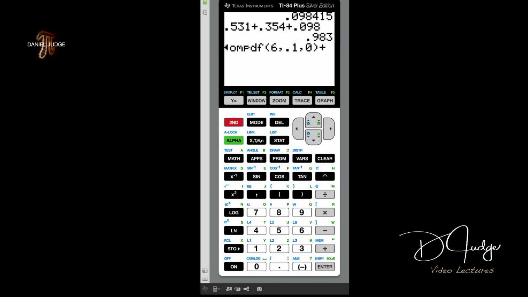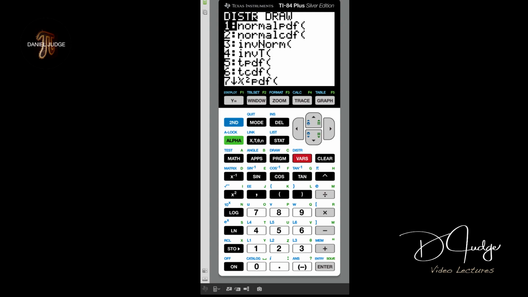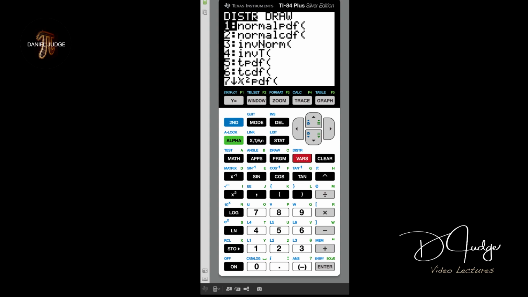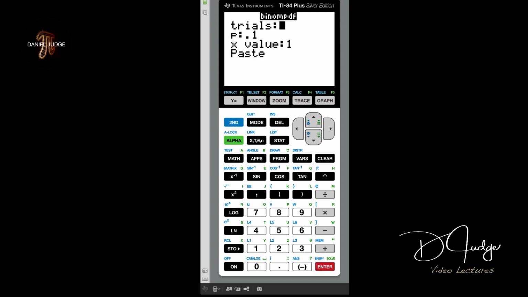Plus second. Just go down to binomial. Plus, now we're going to do 2. Second distribution. Okay, hit enter. Go down to 2. That's what I did. I tried to close it there anyway.